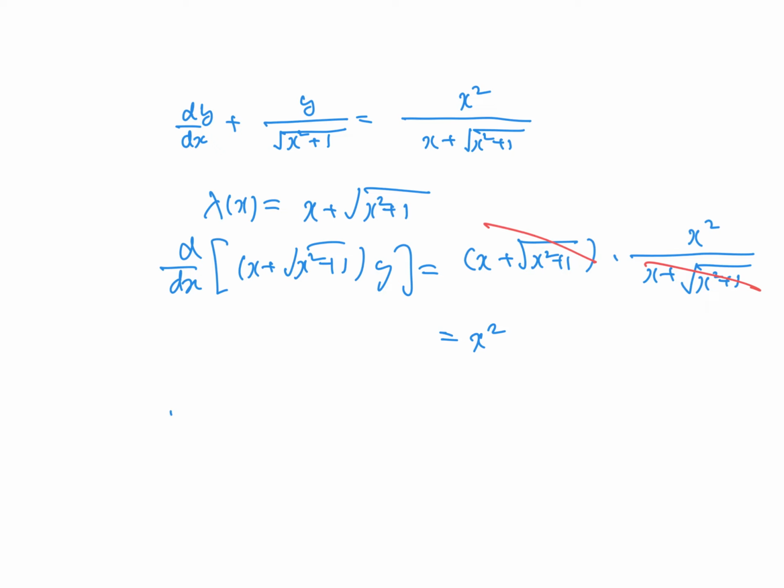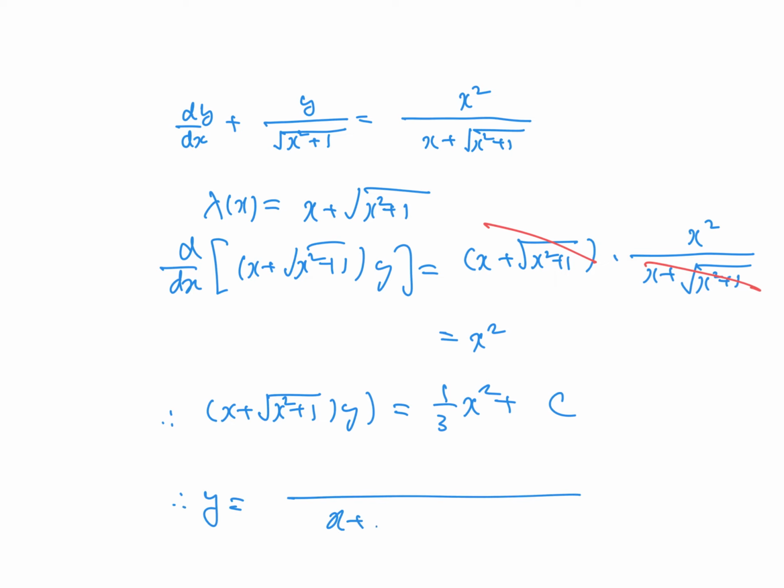So x plus square root x squared plus 1 times y is one third x cubed plus some constant, right? So y is this, 1 over x plus square root x squared plus 1, times c plus one third x cubed. So how do you determine c? We will see later.